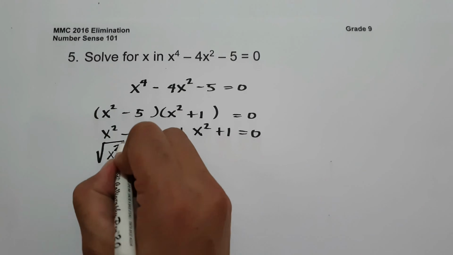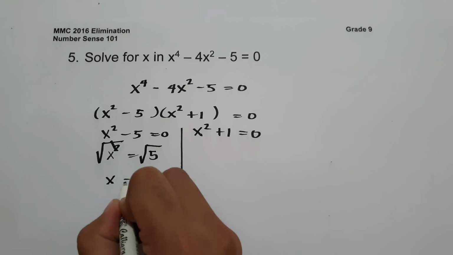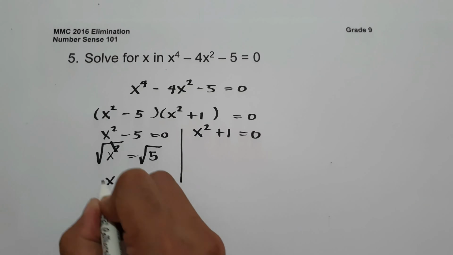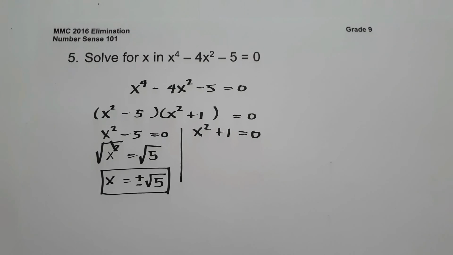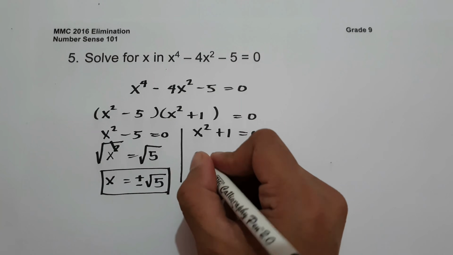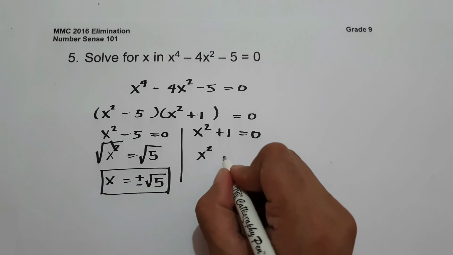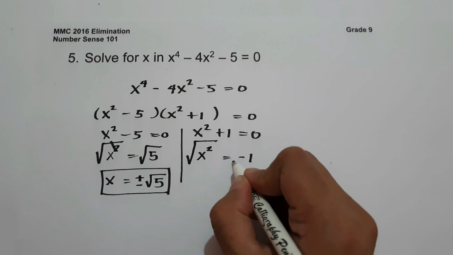And then let us square both sides of the equation. Let us cancel this one. So x is positive and negative square root of 5. So this will be the value of x in this side. And then on the other side, we are going to have x squared. And let us move 1 to the side of 0. That is negative 1. So let us square both sides of the equation.